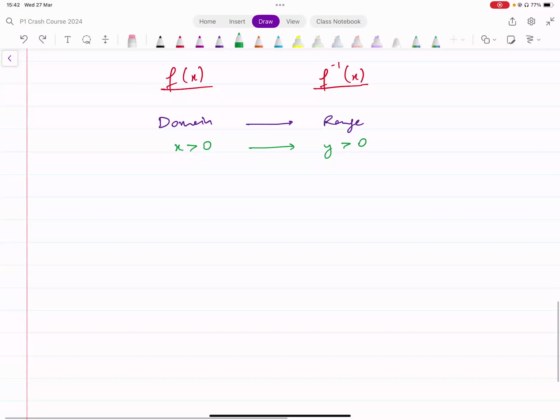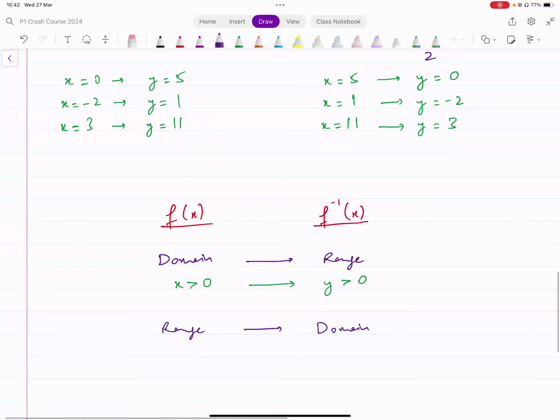And similarly, the range of the original function is going to become the domain of the inverse function. They're going to get interchanged. Domain of f of x is the range of f inverse. Range of f of x is the domain of f inverse of x.